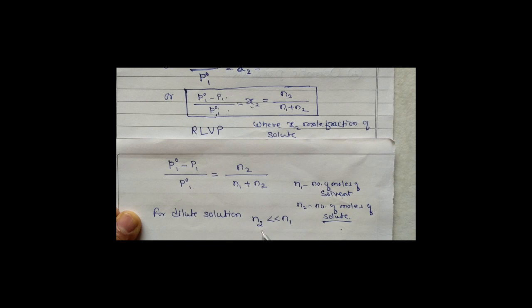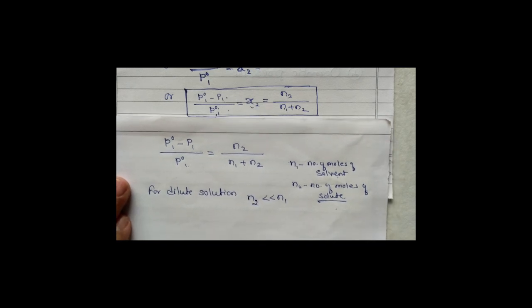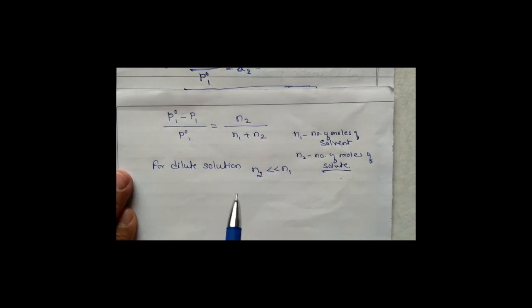Compared to the solvent, the number of moles of solute is very less. Therefore we can replace this denominator. So what can we write for the denominator? For this reason we can write N1 plus N2 is almost equal to N1.